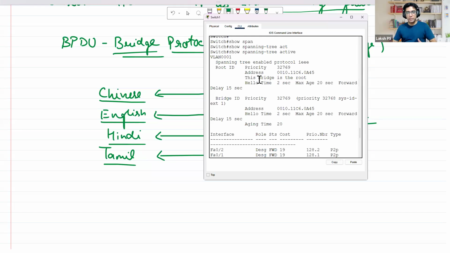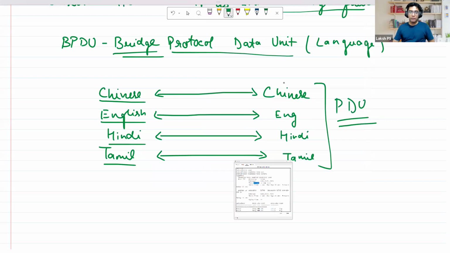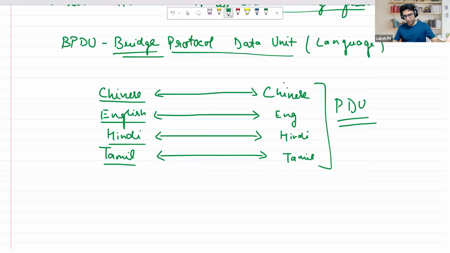So it's actually a switch protocol data unit. It should be called a spanning tree protocol data unit, but no, it's still called a bridge protocol data unit. Okay, and as we proceed with the course, we will learn different protocols, routing protocols, networking protocols, which speak their own language, right? Their language will be called based on that protocol.